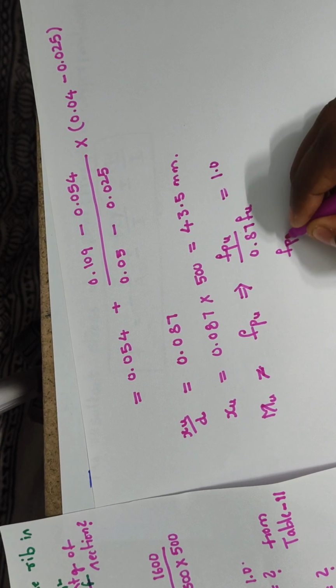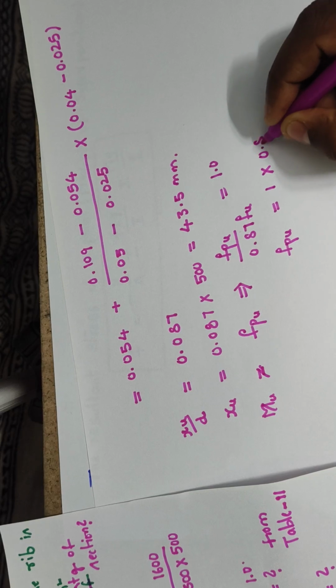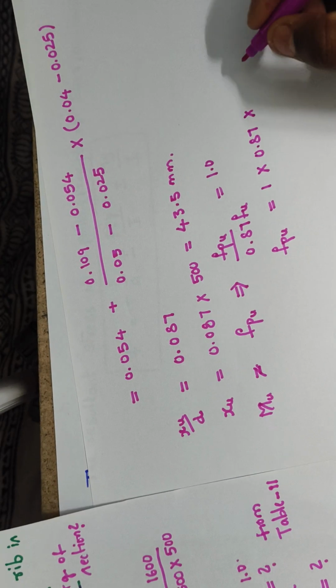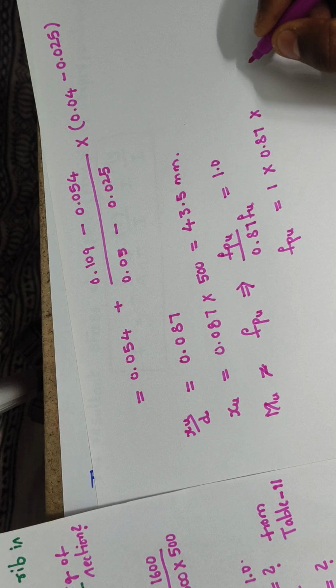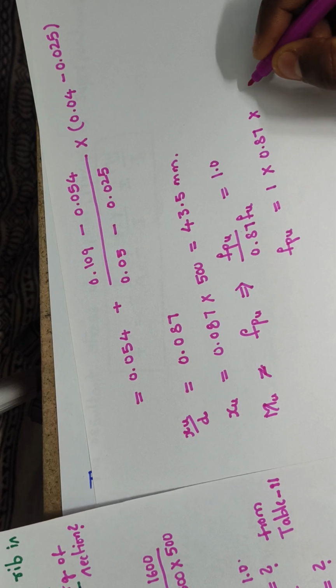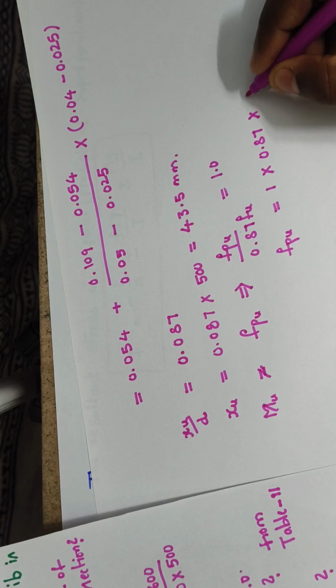Now FPU is equal to 1 into 0.87 into FP value. What is the FP value? FP value will be 1600.